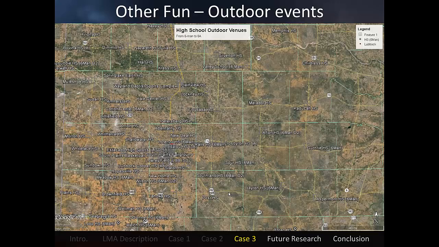Now, some other things that we use it for, these are all the high school outdoor football venues across our county warning area. The best part of the LMA in detection efficiency, or how well it can detect the sources, is pretty well centered around Lubbock, since that's where the network is. Once we get out here into the rolling plains, pretty far away from the network, it's going to be a little bit harder because it's kind of like the radar.